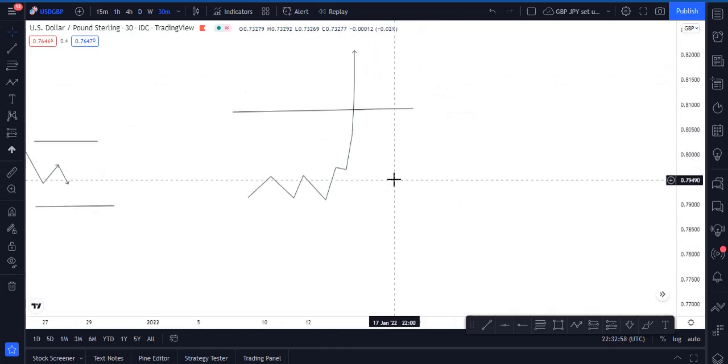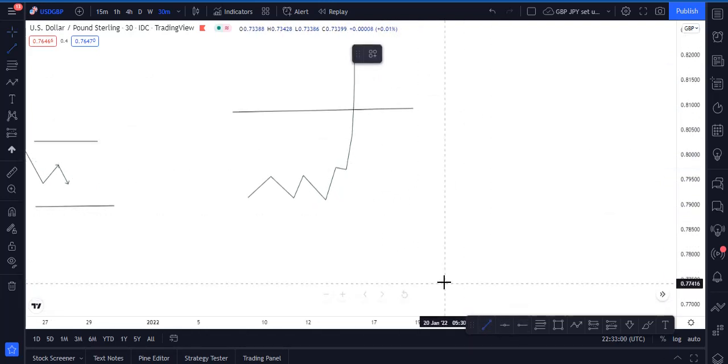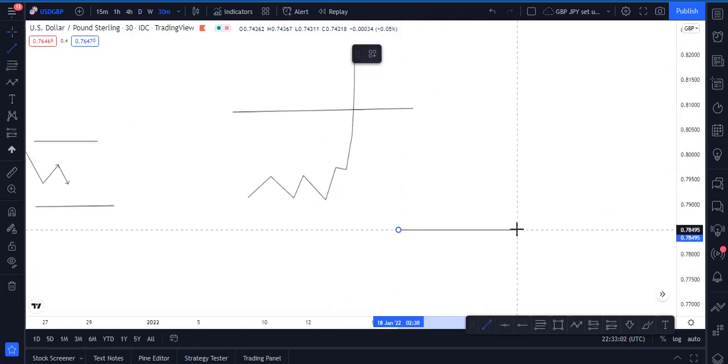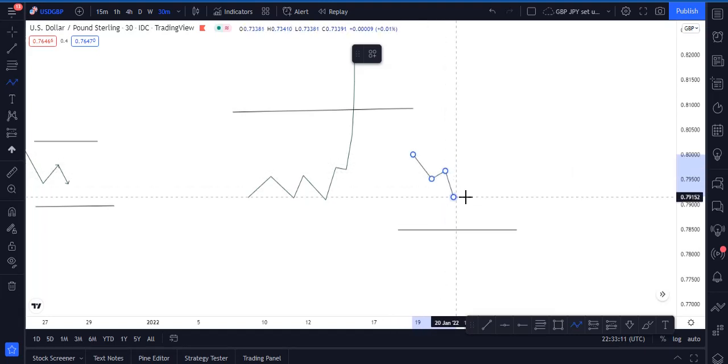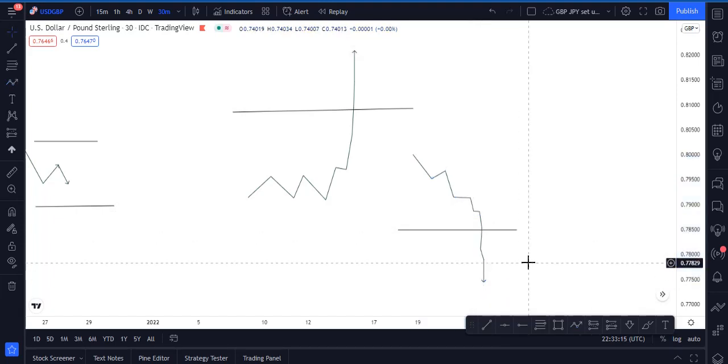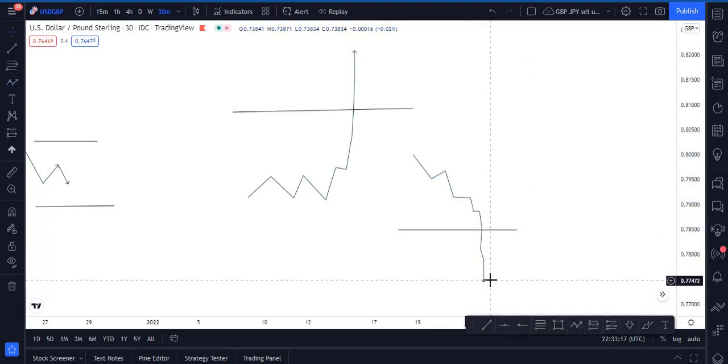The same thing vice versa: if you set a sell stop, your price at that time should be above. That's what makes it a sell stop, and you're expecting price to move, trigger your sell stop, get you into the market and continue downward.